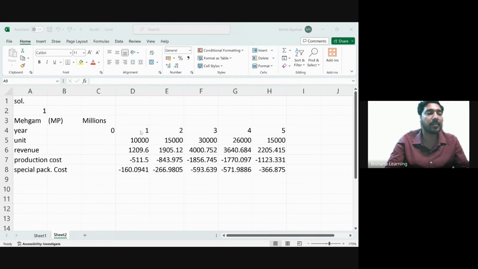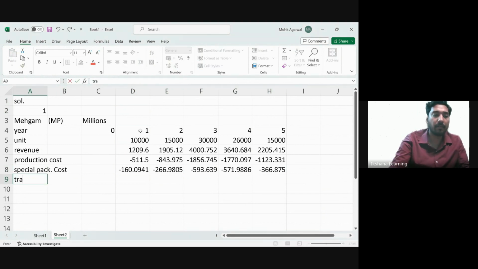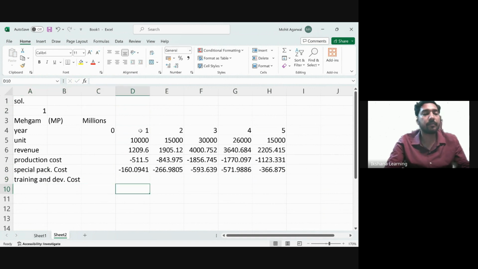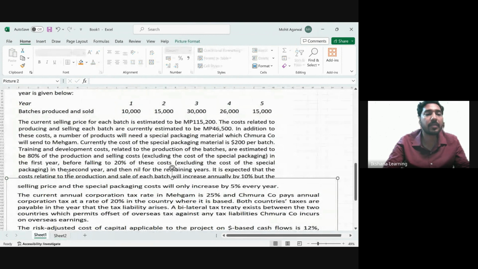Special packaging cost. After this, training and development cost. How much is the training and development cost? It is 80% of the production and selling cost, falling to 20%. So very simple. 80% of production cost, then 20%, then 0.